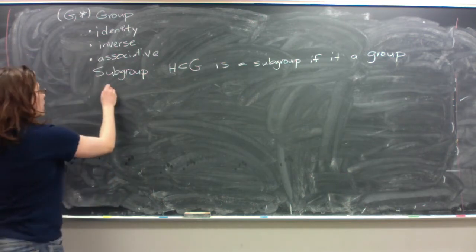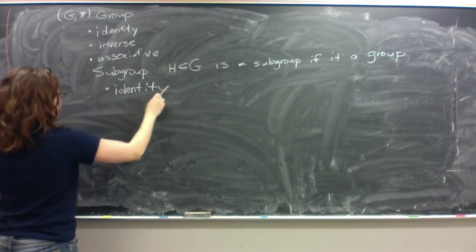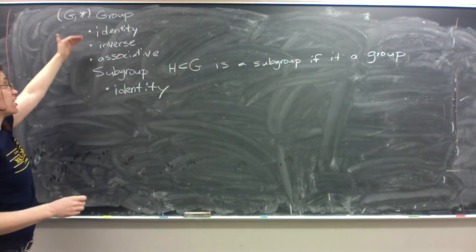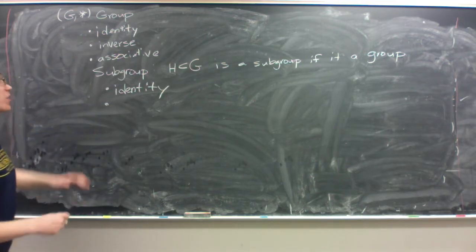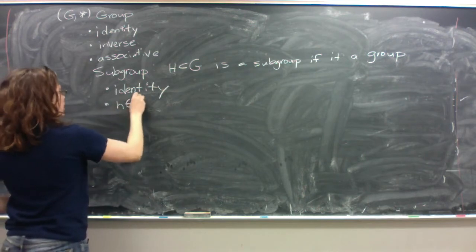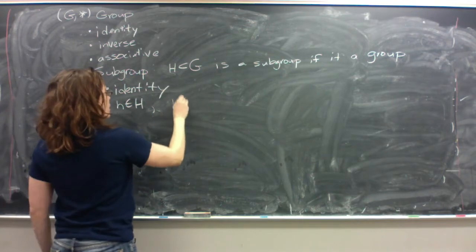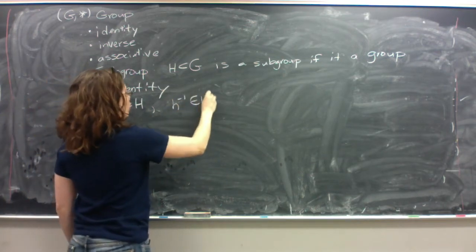It will still be the case that we need to check that a subgroup contains the identity, and because the identity for G is unique, it needs to contain the same identity. We'll also need to check that for every h in H, its inverse as an element of G is also in H.